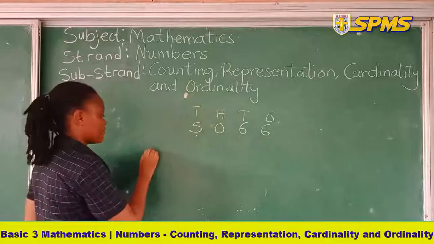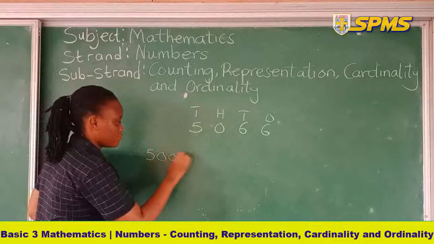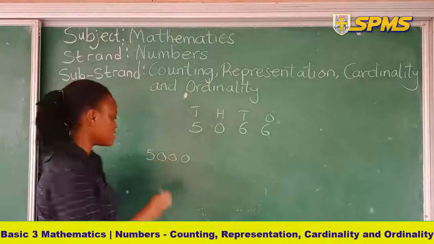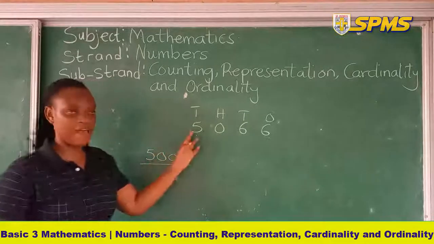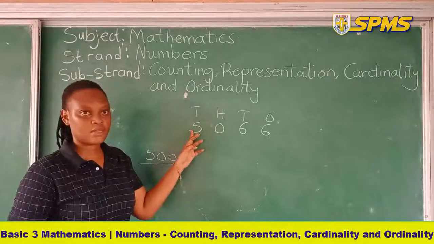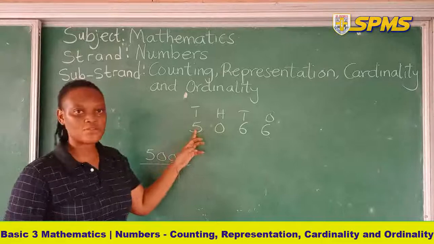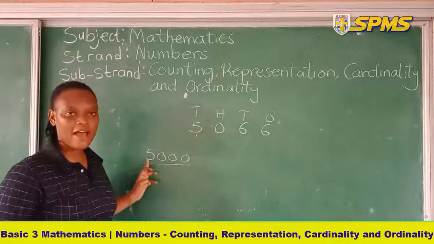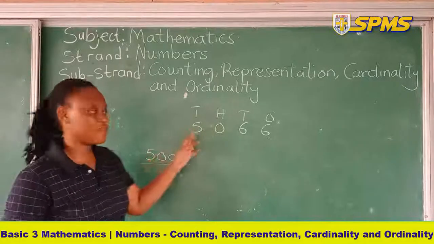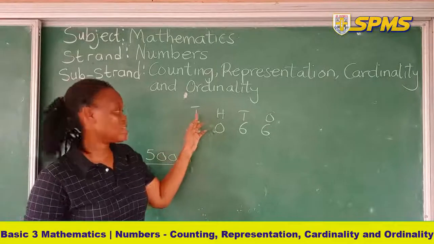So we have 5,000. So this is the value of the 5. Is that okay? It shows that the 5 is worth 5,000, and the place of the 5 is under the thousands.